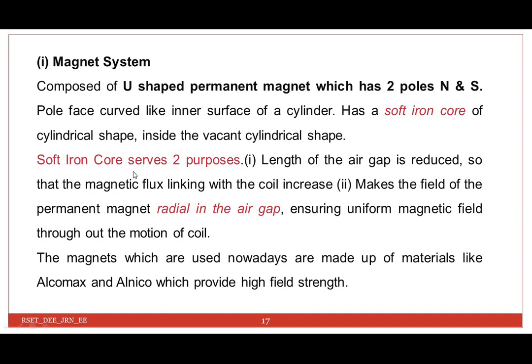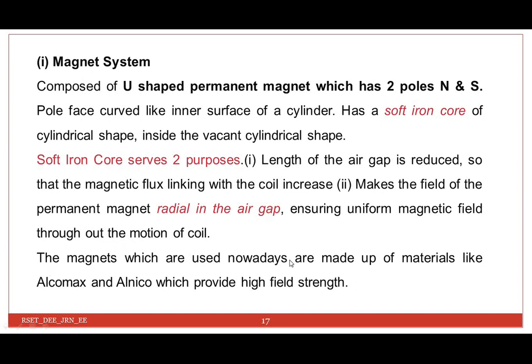Now the soft iron core, because it provides the magnetic system, serves 2 purposes. The length of the air gap is reduced, so that the magnetic flux linking with the coil increases. It also makes the field of the permanent magnet radial in the air gap, as you saw in the previous picture, ensuring a uniform magnetic field throughout the motion of the coil.